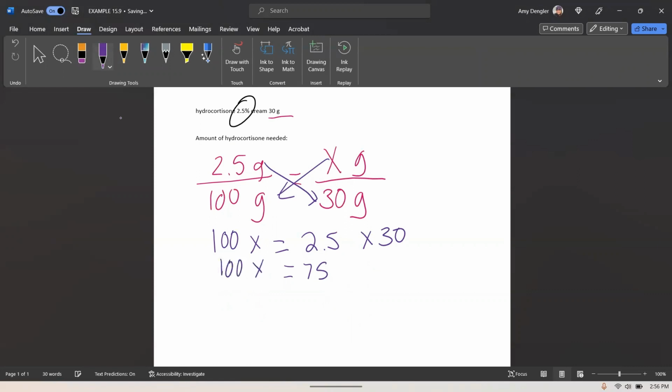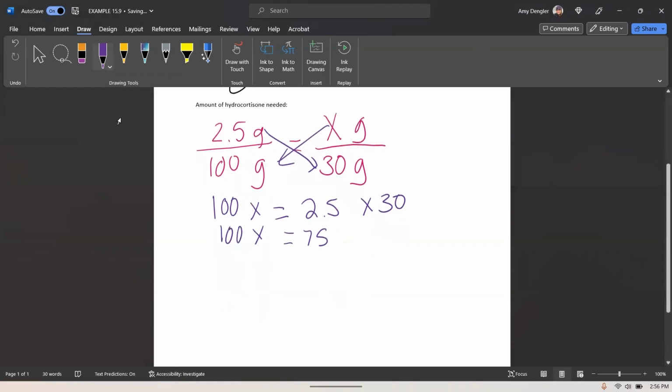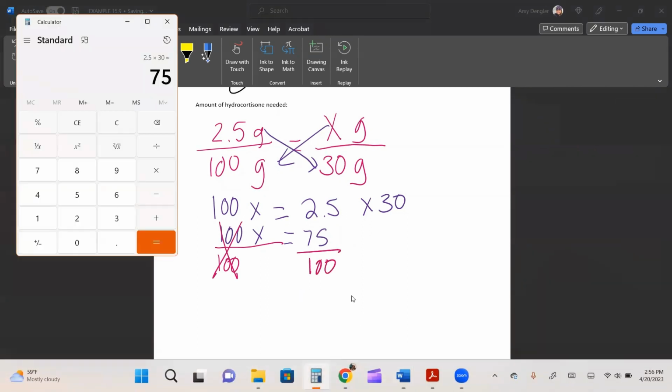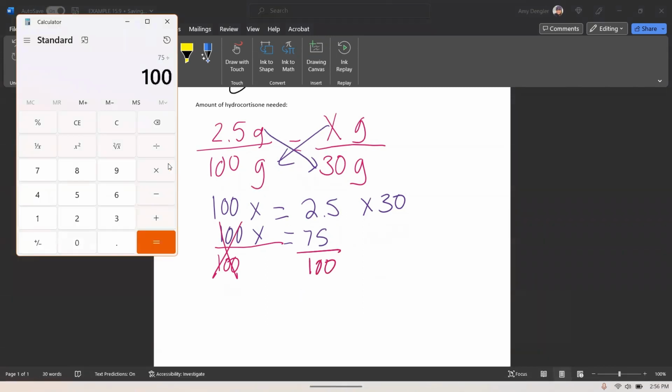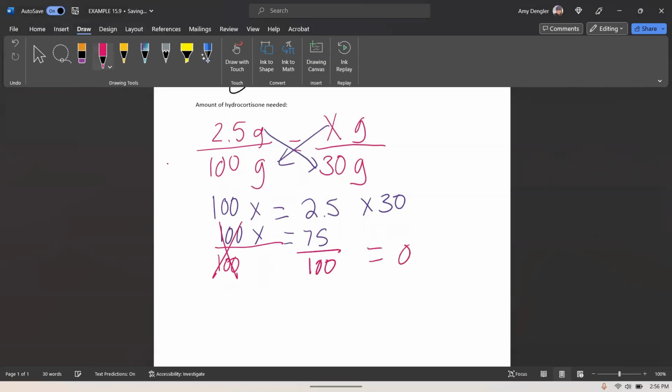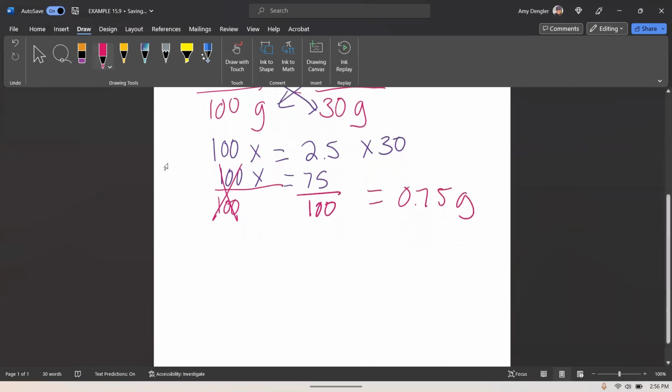I'm going to carry my 100x down. Now I want to get x alone, so I need to get rid of this 100. That crosses off, and then I need to do the same over here. So 75 divided by 100 is 0.75 grams. Now, that is the amount of hydrocortisone needed.